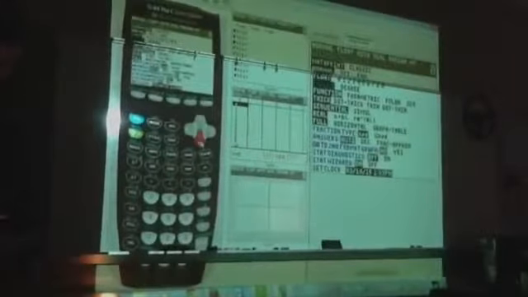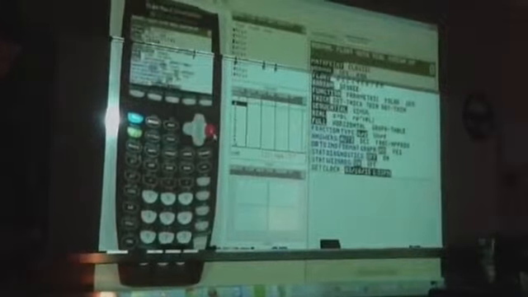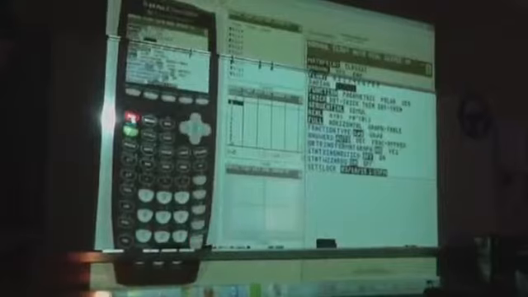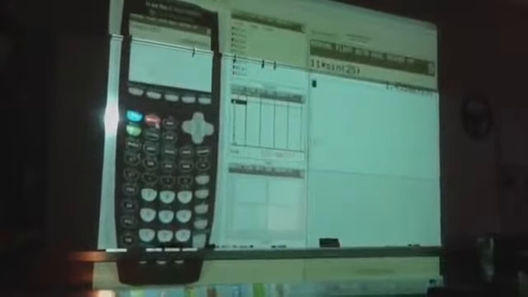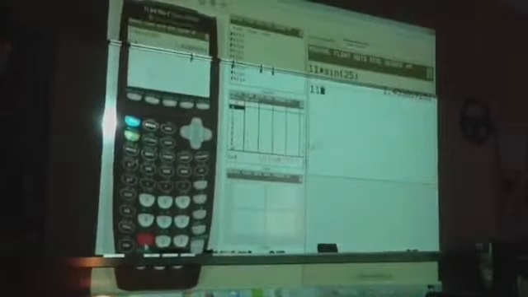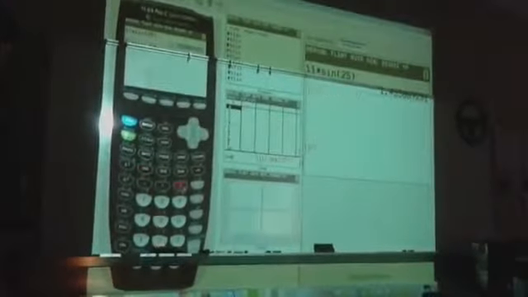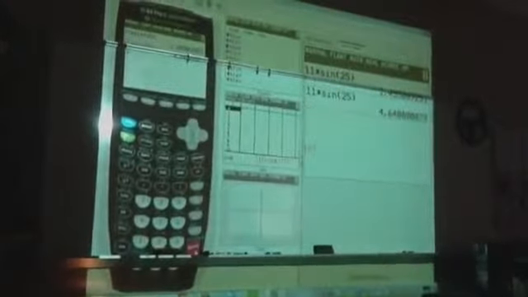Well, hold on. It's not in the right mode. Hold on. 11 times the sine of 25, close parentheses, 4.6.